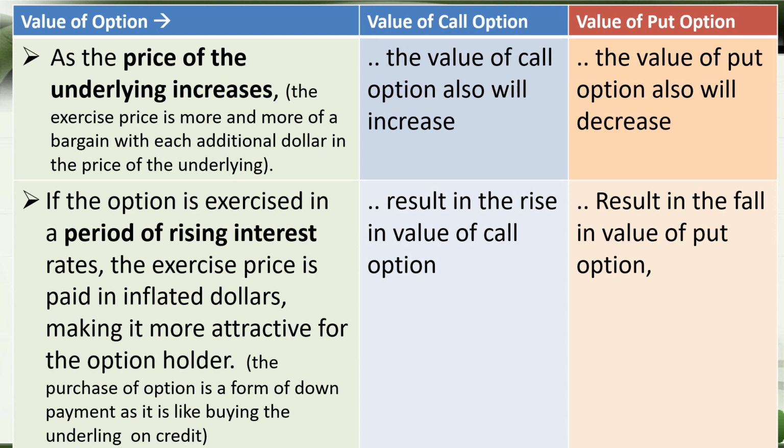That means he is not actually buying the underlying asset, but buying on credit that in future he may buy at a fixed price. When the market is high, he buys it at that price on the exercise maturity date. So this results in a rise in the value of the call option, and for the put option, a fall in its value.